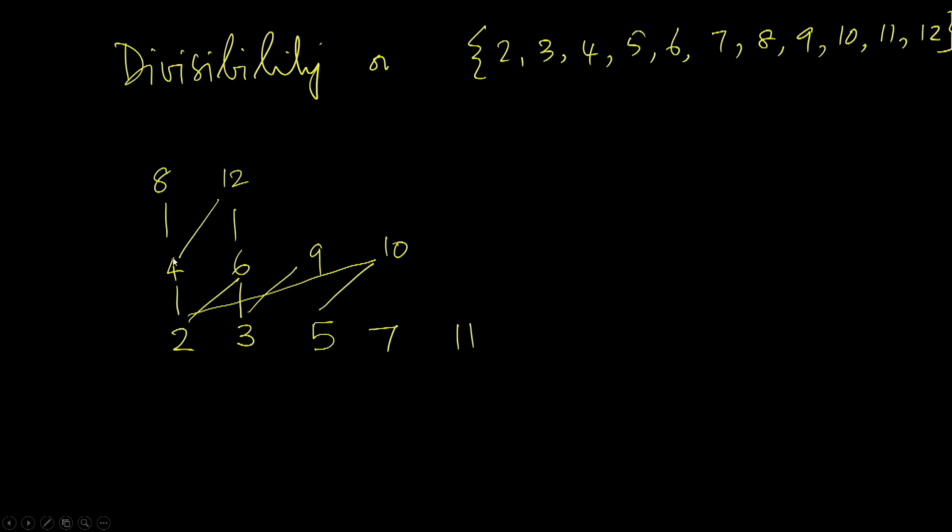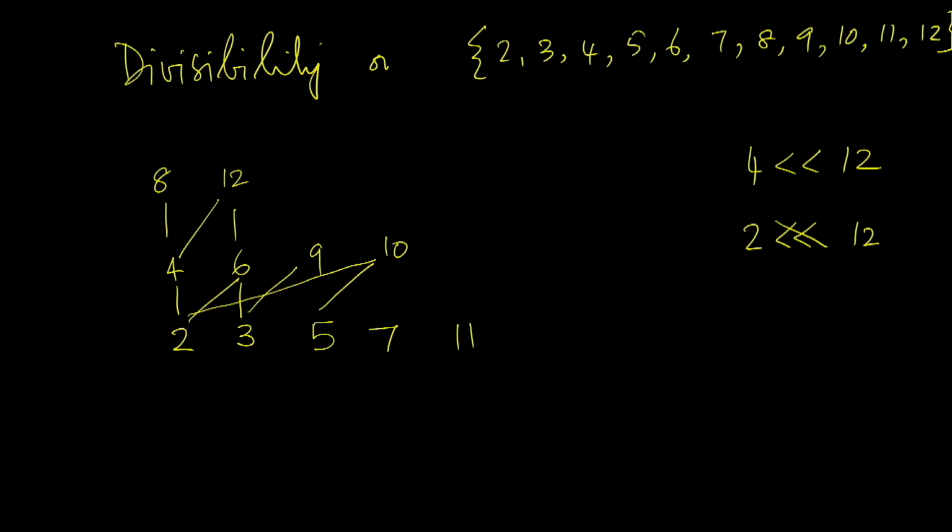There is an immediate predecessor relation between 4 and 12. We do not draw an edge from 2 to 12, even though 2 is a divisor of 12. That is because 2 is not an immediate predecessor of 12. Because 4 is in between, 2 divides 4 and 4 divides 12.